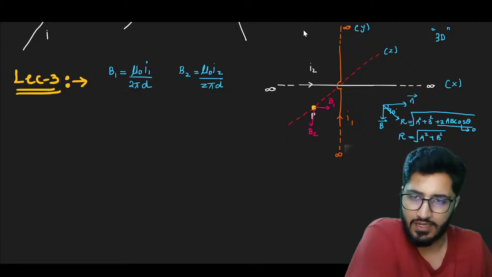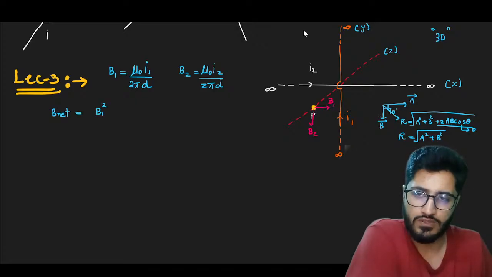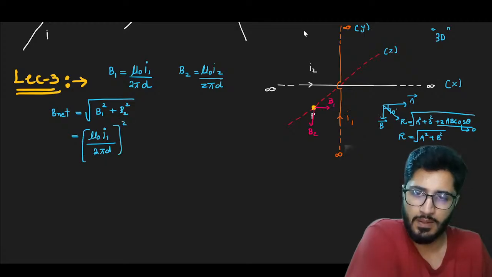So can I write the net magnetic field equals the square root of B1 square plus B2 square. B1 is mu naught I1 divided by 2 pi D, whole square, plus mu naught I2 divided by 2 pi D, whole square, under the root.